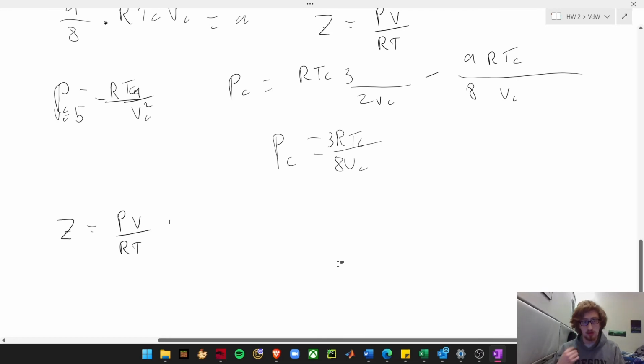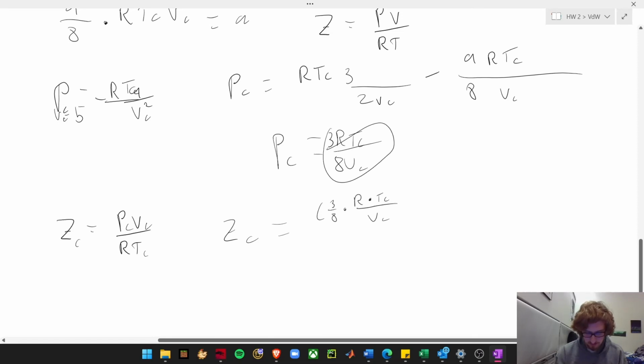Again, so if we're going to do this at our critical point, we're going to be finding our critical compressibility at our critical volume, our critical pressure, and our critical temperature. And we have this equation for our critical pressure, so we're going to have our critical compressibility factor is going to be equal to 3/8 times R times our critical temperature over our critical volume.